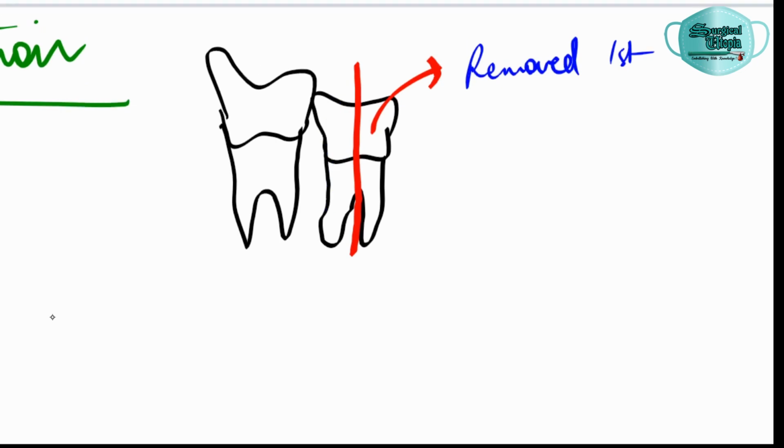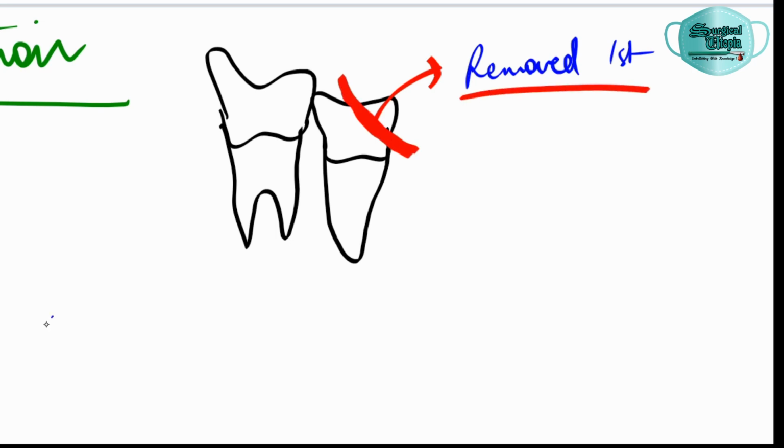So this is the case where the roots are separate. But if the tooth was something like this, without separate roots and the roots were fused, then only the distal portion of the crown was to be sectioned, and then it would have been removed, after which the rest of the tooth would have been removed.